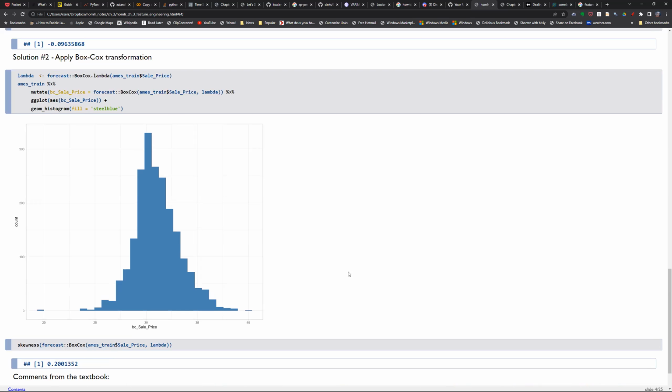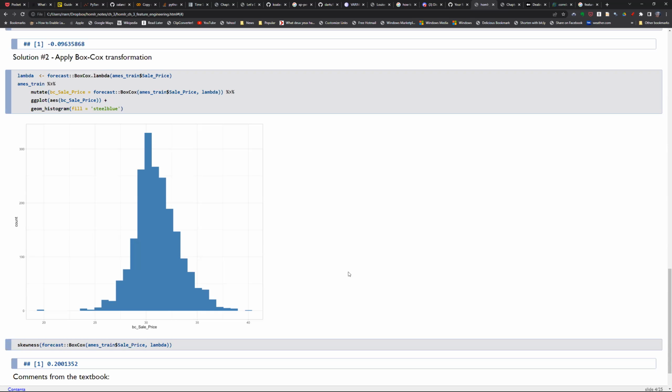It is very good when we have a negative value in our target variable, it might be good to transform with Box-Cox. But the thing is how we can interpret the result. For interpretation purposes, maybe the log transformation is going to be much better.